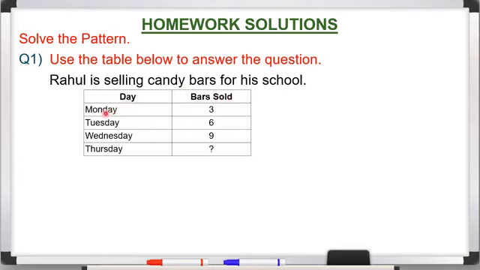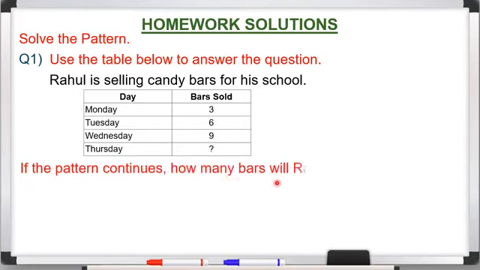So on Monday Rahul sold 3 bars, on Tuesday he sold 6 bars, on Wednesday he sold 9 bars. On Thursday, here question mark is there, so you have to tell how many bars will he sell on Thursday. Okay, so if the pattern continues, how many bars will Rahul sell on Thursday?